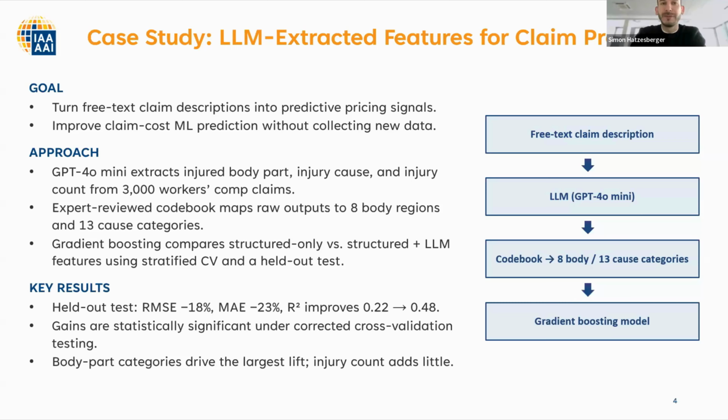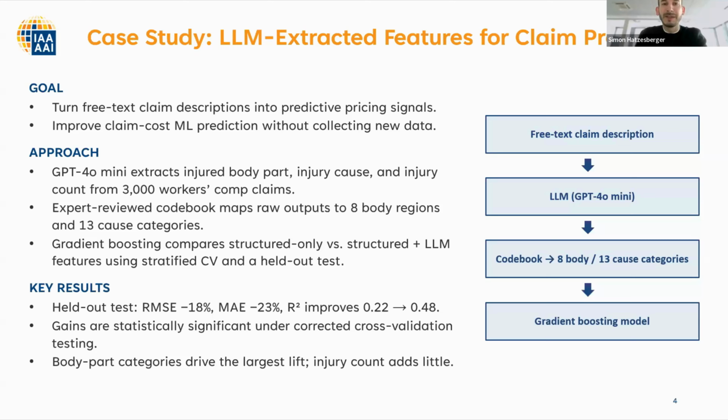This should be a more severe damage than if you just cut your finger with some scissors, for example. So the idea will be to use a large language model, extract relevant information from this claim description column, and in the best case, you can use the extracted data to improve the machine learning prediction.